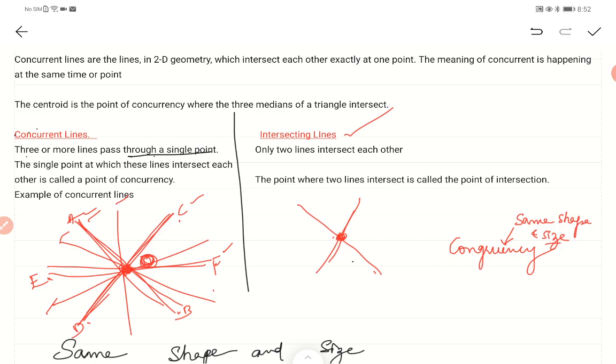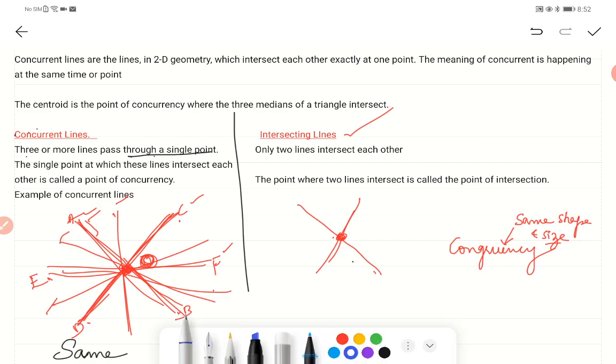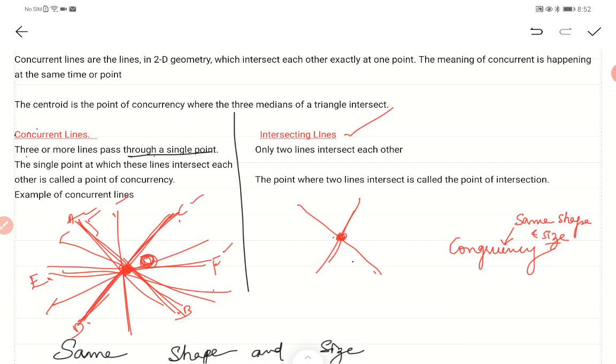Concurrent lines are different, congruent lines are different. In congruent lines, you measure the length of the lines, and then you say that they are congruent. When the lines are passing through a single point like this, these lines are called concurrent lines.